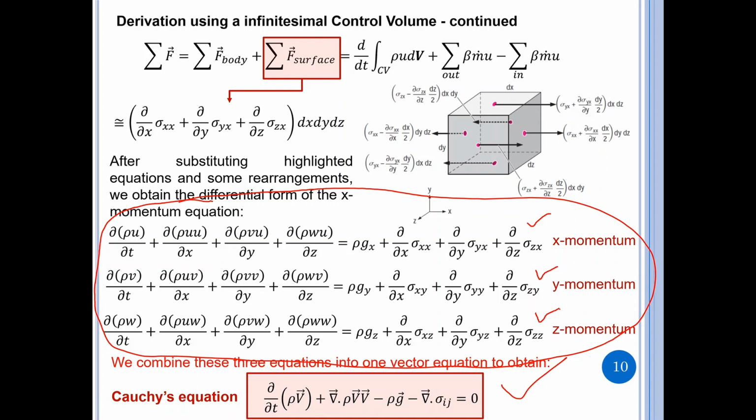We have density, and then we have 9 components of a stress tensor. As you know, off-diagonal components are the same, like sigma xy is equal to sigma yx. So there are 6 independent variables of stress, 3 variables of velocity and density. So we have 10 unknown variables in this equation.